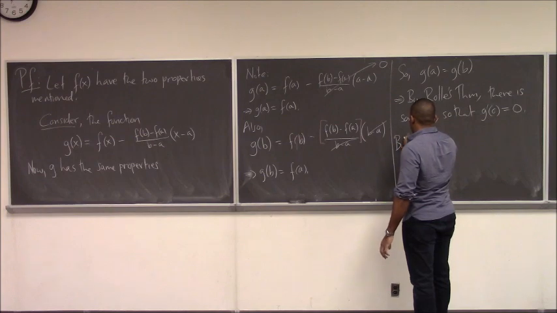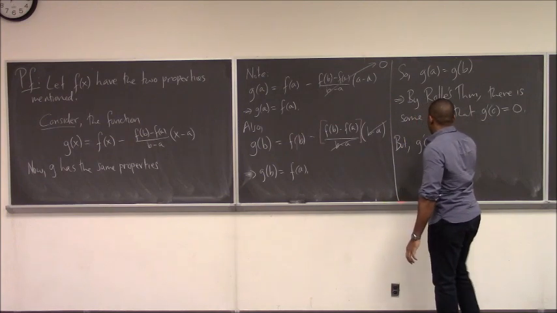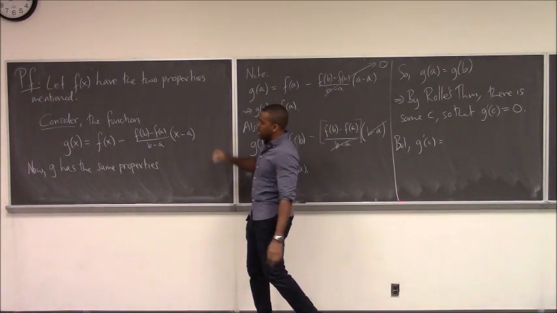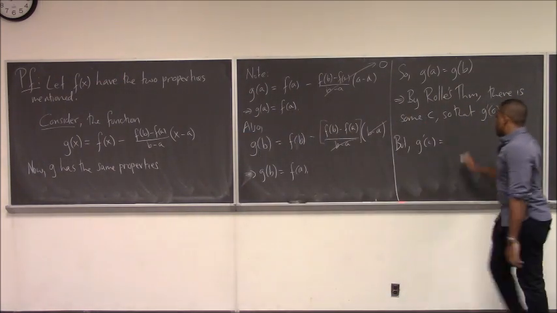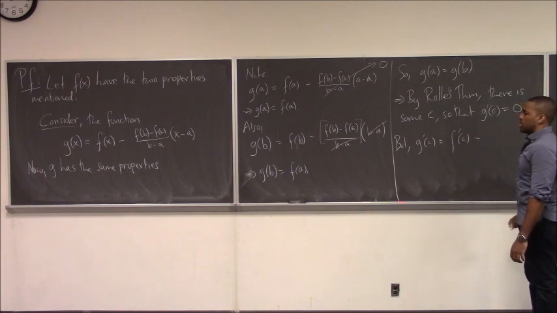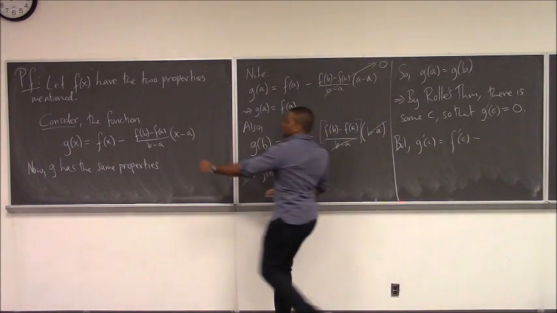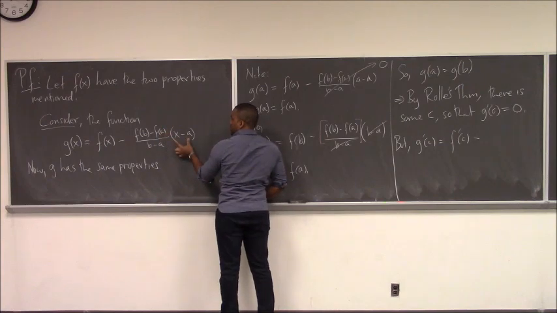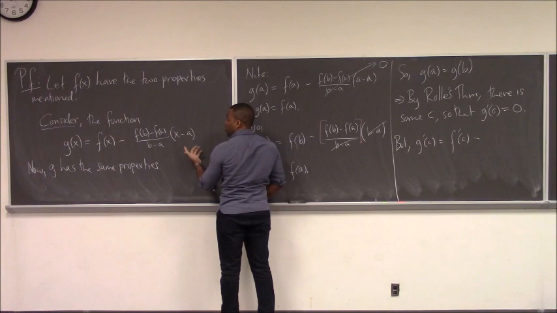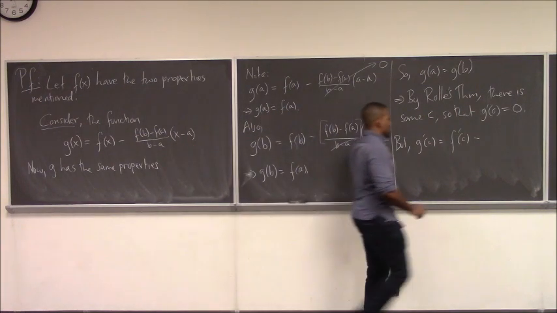But clearly here g prime of c is just going to be the derivative of this function evaluated at c. That's going to be f prime of c minus, well, this is just a linear function. The derivative is just going to be the derivative of this times the constant factor rule. Derivative of here is 1, so you'd end up with just this guy.